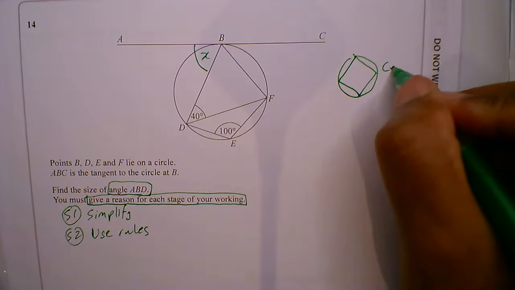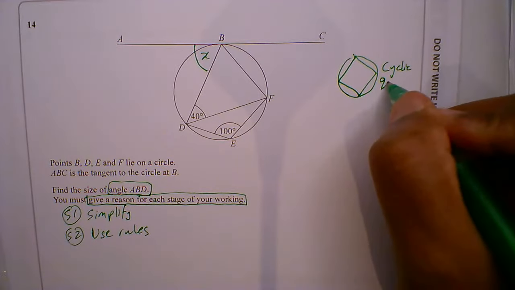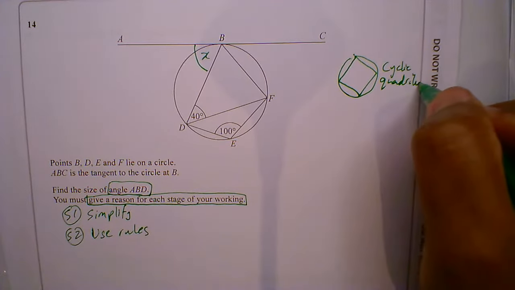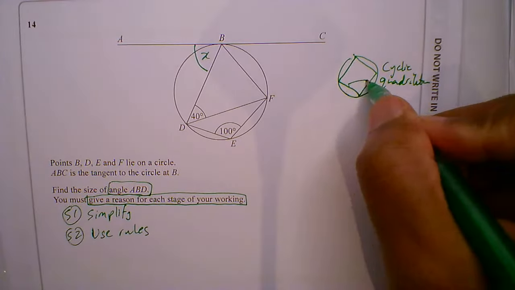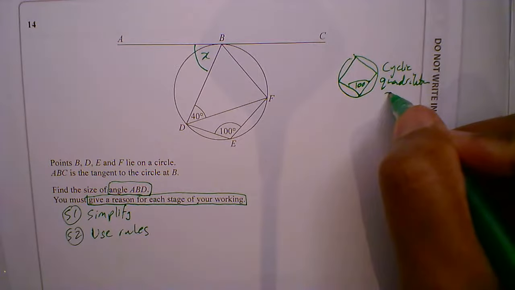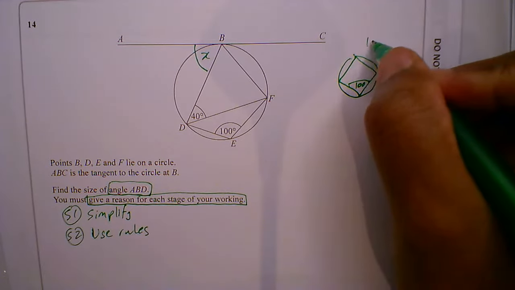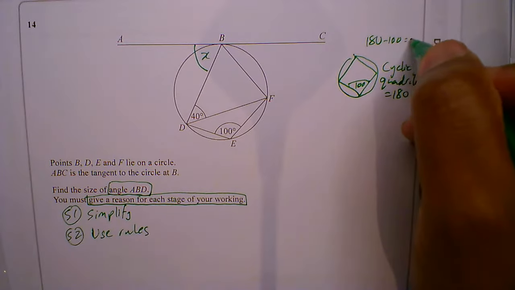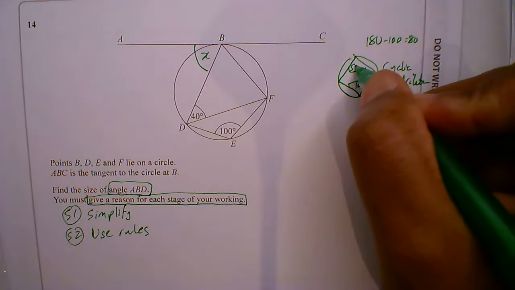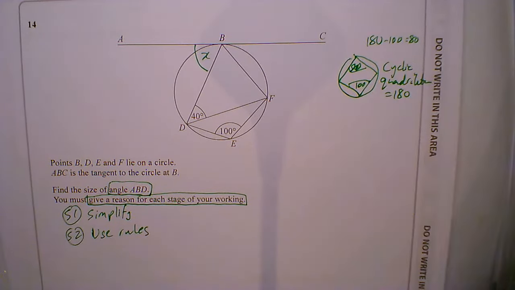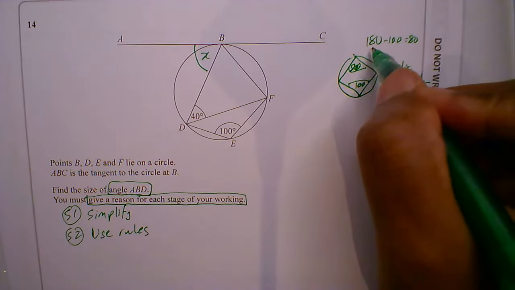See, this is cyclic quadrilateral, which makes 180. So if this is 100, the other one must be 180 minus 100, which gives us 80. So this is 80. It's not very clear.